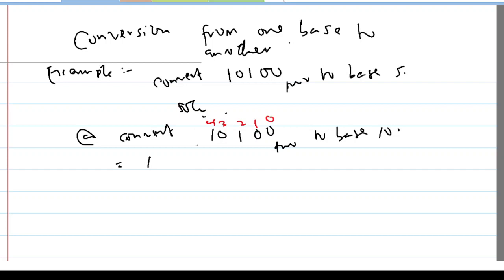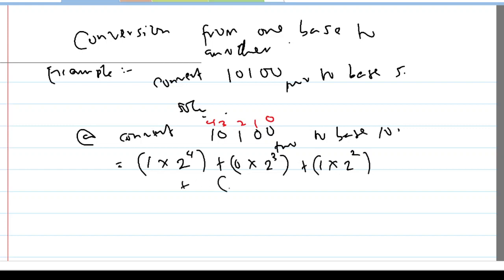The first number here is 1, multiplied by 2, which is our base, raised to power 4, plus 0 multiplied by 2 raised to power 3, plus 1 multiplied by 2 raised to power 2, plus 0 multiplied by 2 raised to power 1, plus 0 multiplied by 2 raised to power 0.